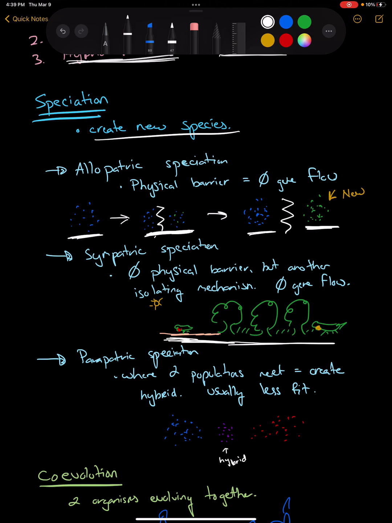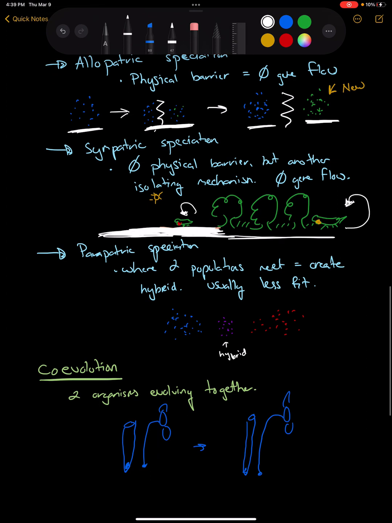The lizards with the red neck are easier to see in the sunlight because that stands out. So even though they were both part of a population at some point, because of this isolating mechanism, these lizards would only have sex with other yellow lizards, and these red lizards would only have sex with other red lizards. And if they do that for long enough, that will cause a speciation event.